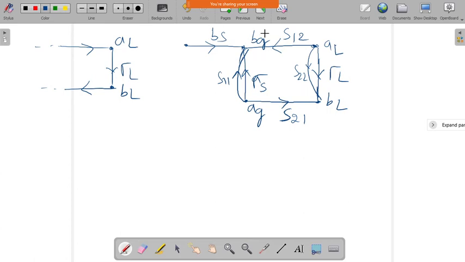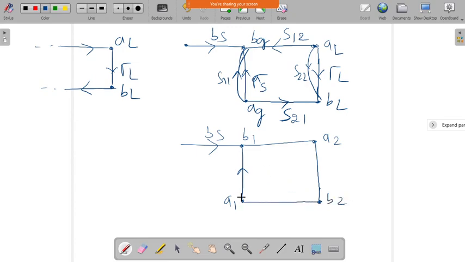We can even take this generator and load as ports 1 and 2, and write the signals also. We can take this as B1 at port 1 and this one A1, and similarly this as port 2 and B2.